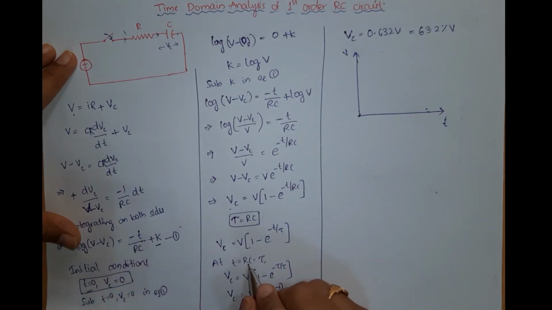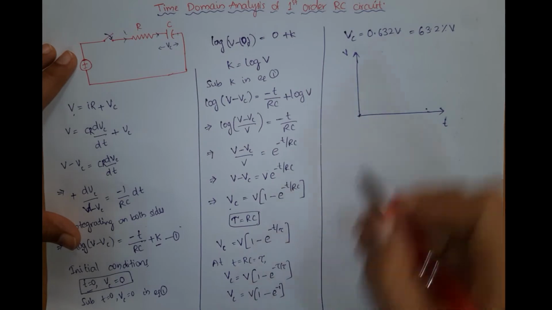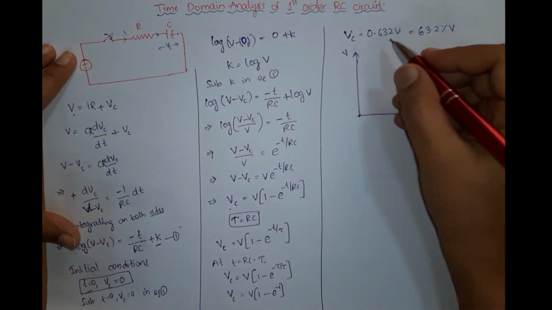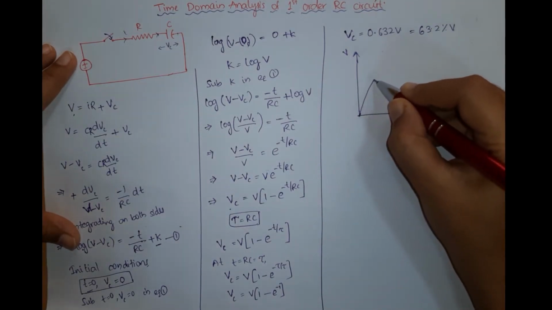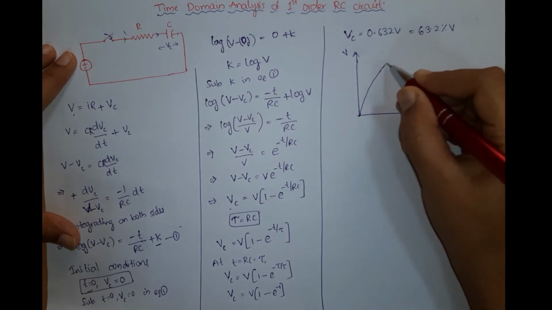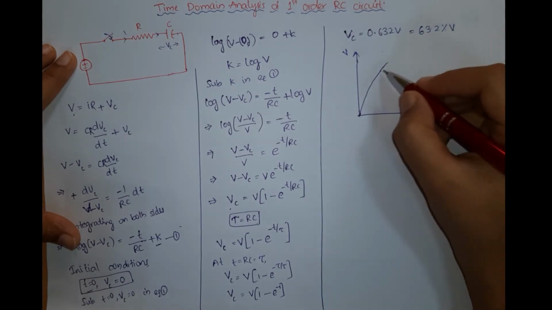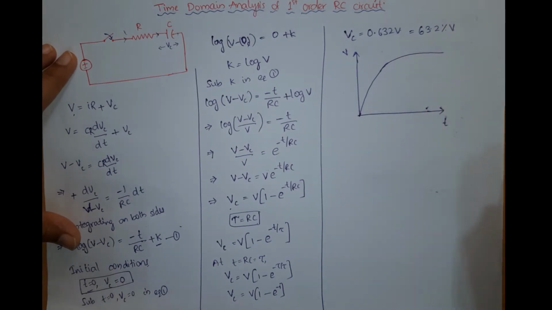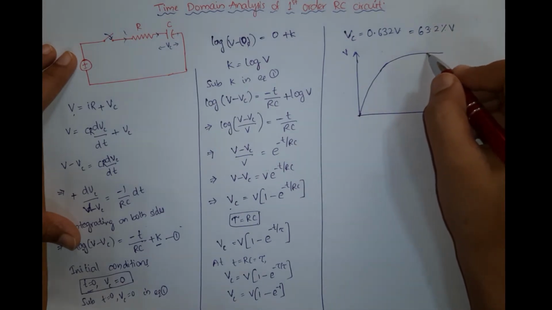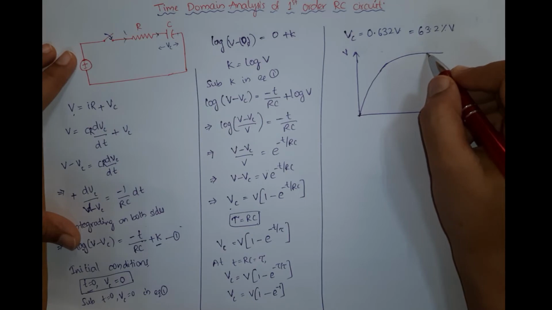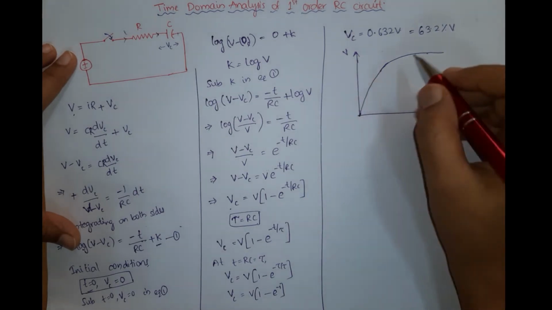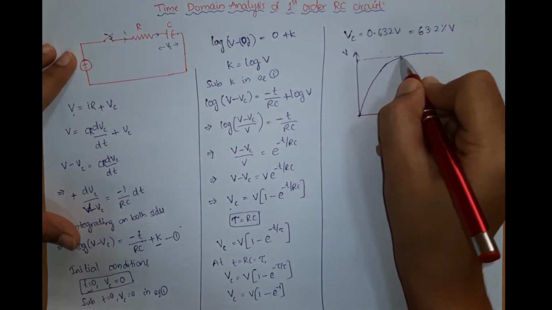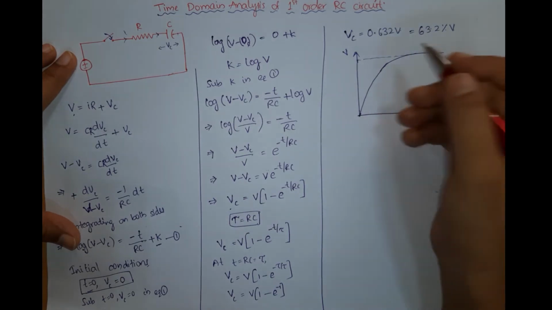Now at t equals RC, or tau, the response is Vc equals 0.632, that means it is not maximum. It still needs some more time to reach maximum, right? If you go on increasing the value of time, then at some point greater than t equals RC, the voltage across the capacitor reaches the maximum point.